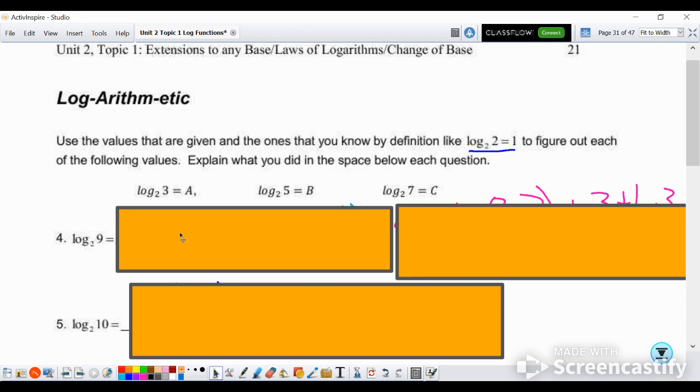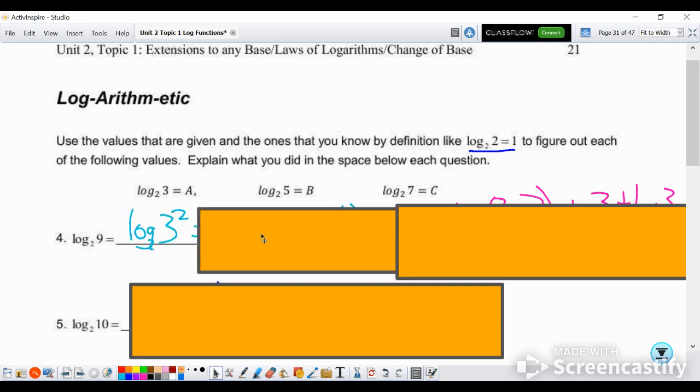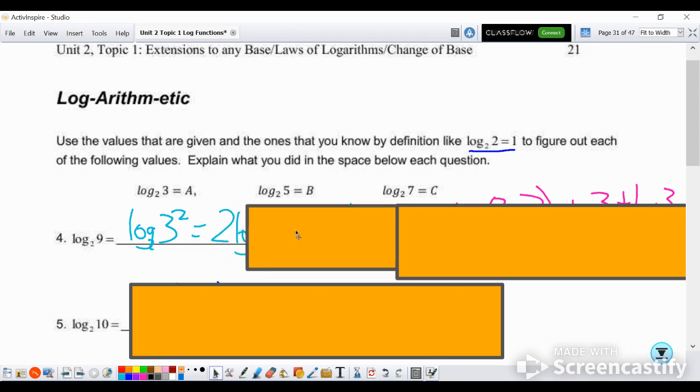So we're going to break 9 down into multiplication. We're going to change log base 2 of 9 into log base 2 of 3 squared. Now that's actually the power rule, so we'll be using that as well. And we know from the power rule that we can move 2 in front of our log as the coefficient since it's the exponent of the argument.